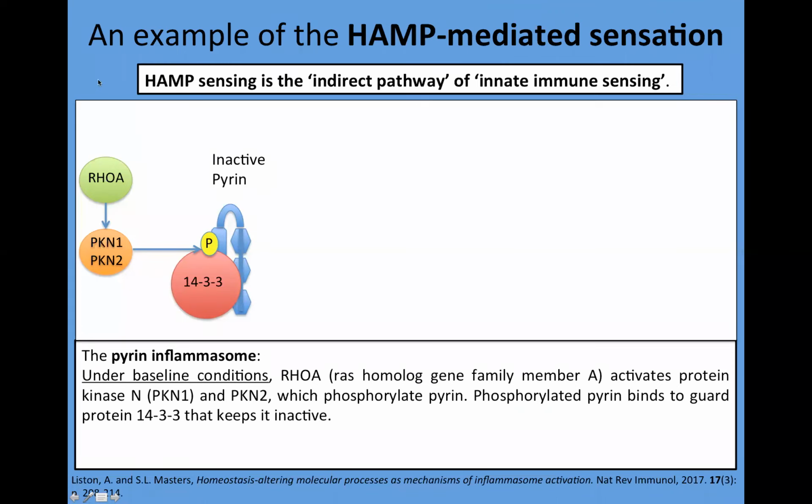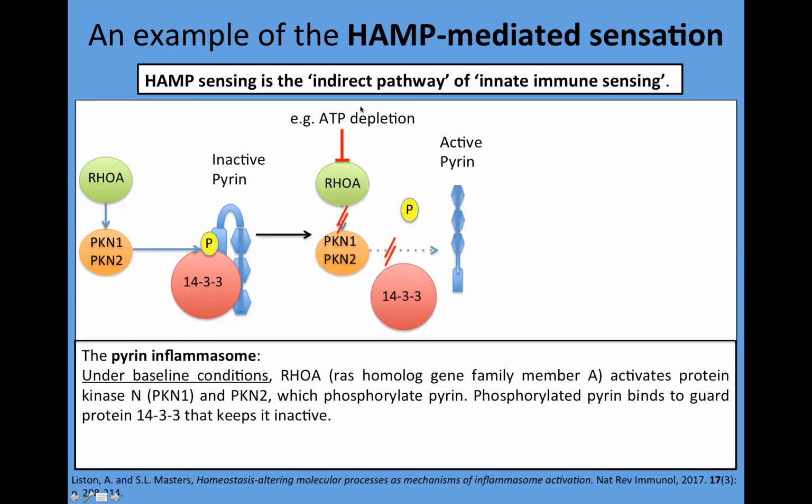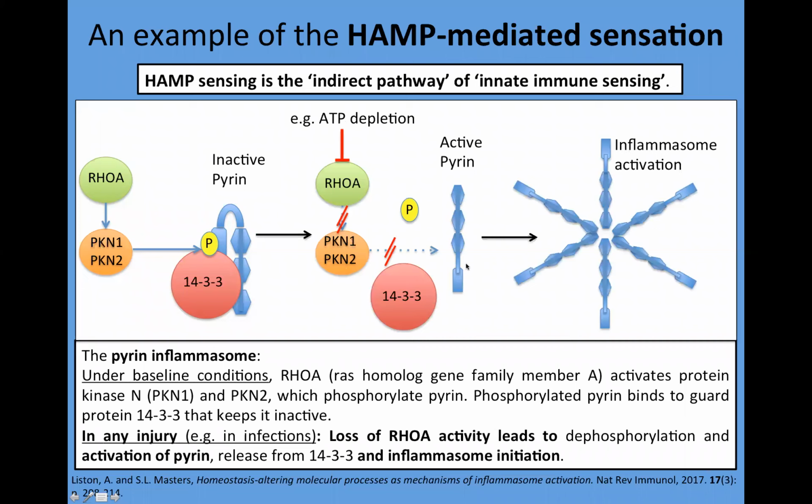This one involves a phosphorylation cascade. This kinase cascade will keep it phosphorylated. But what happens if the cells are ATP depleted? They will not act on the guard protein, and the active pyrin will be instantly released, and an inflammasome will be assembled.